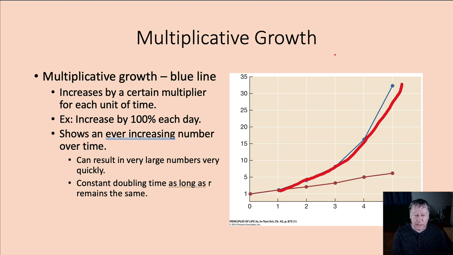One of the reasons that health officials are so concerned about a pandemic like this is the disease does not tend to spread based on logistical growth models. One person makes one other person sick, that person makes one other person sick, and so on. Instead, they tend to be multiplicative growth models, exponential growth.